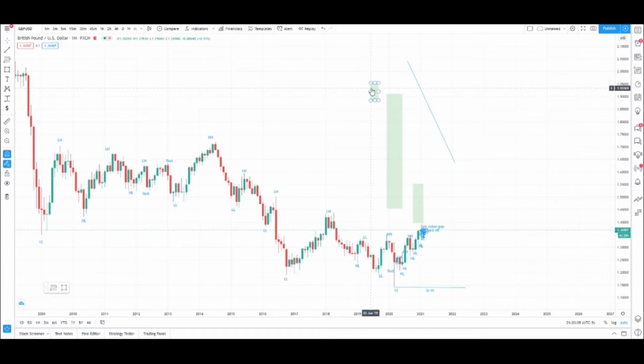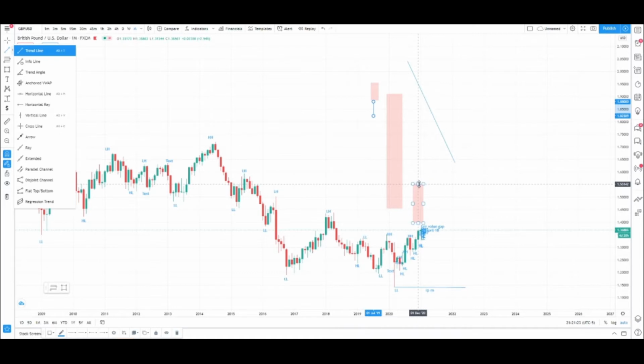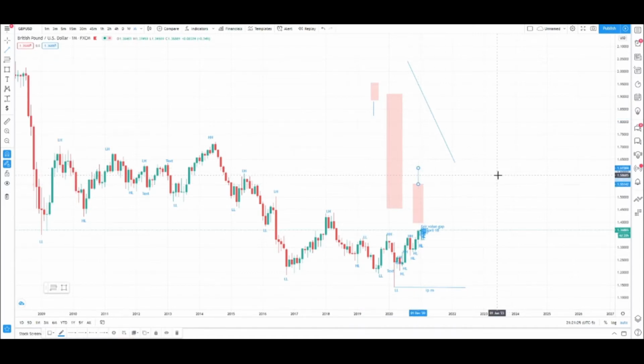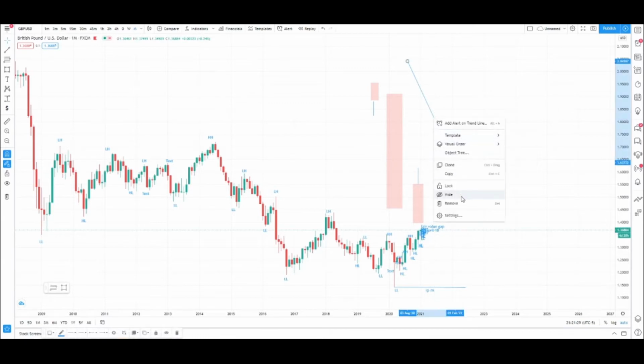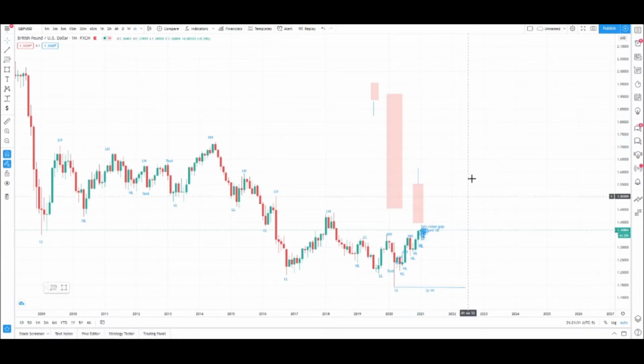Candle number one: I usually live by bodies first, but there are a couple of times where wicks do play a huge factor too. So these are the wicks, these are the candles, and we get a sharp movement down.